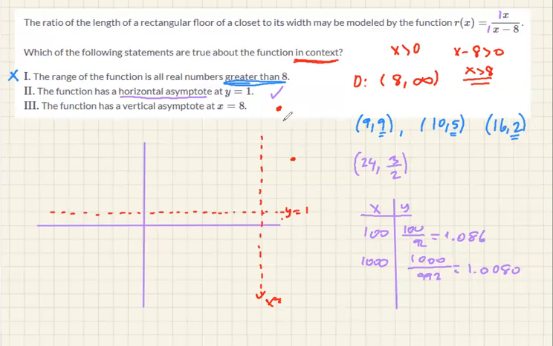But as I mentioned, your graph is going to be getting closer to x equals 8, when you're getting closer to 8, right? Which is why you are going to have something like this. At the same time, we are going to get closer to this line when your x values are getting bigger and bigger, because your y value is getting closer to 1 when x is too big.